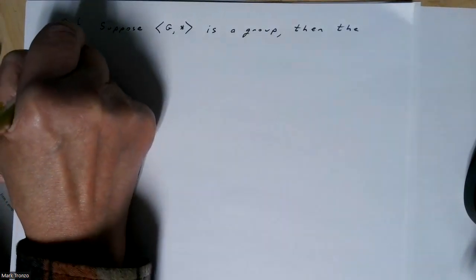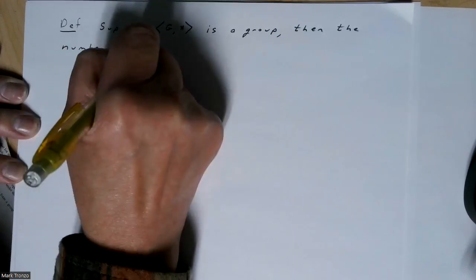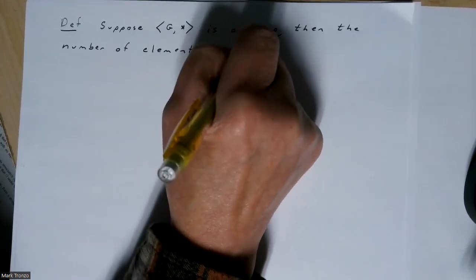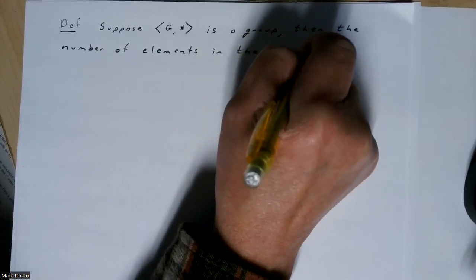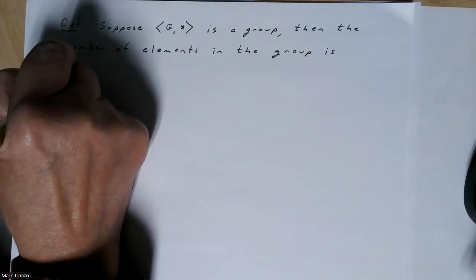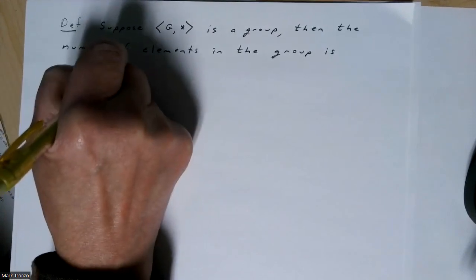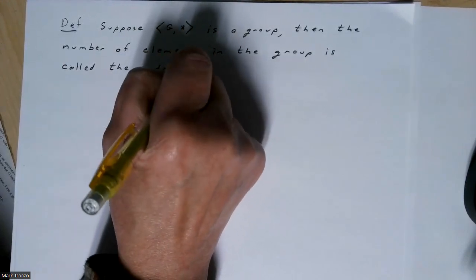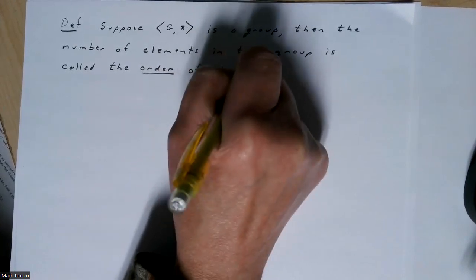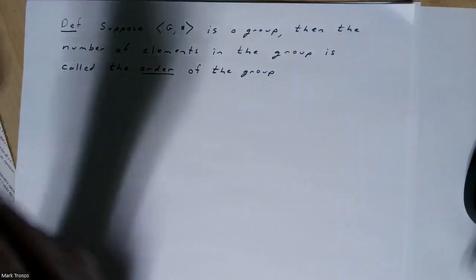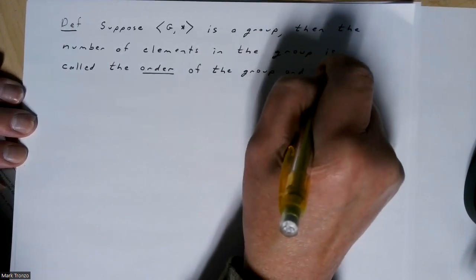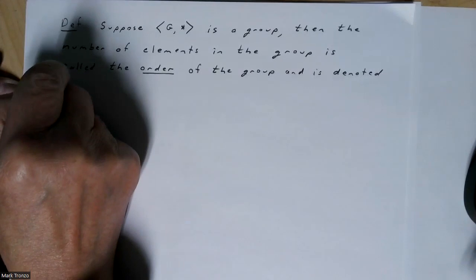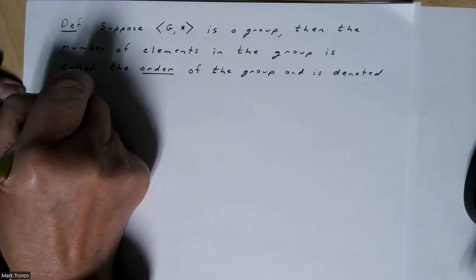Then the number of elements in the group is called the order of the group, and is denoted by, say, the double bars like this.